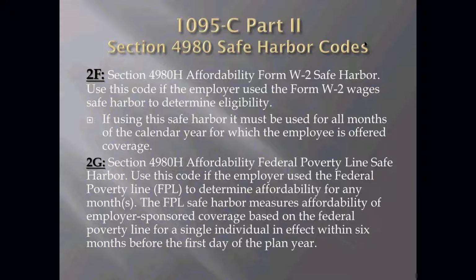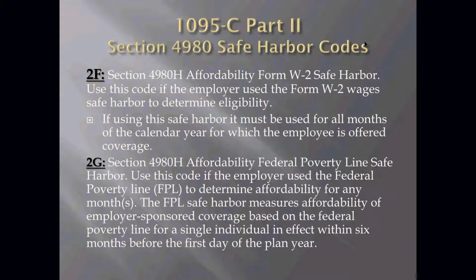The last few codes we're going to get into, 2F, Section 4980H Affordability Form, W-2 Safe Harbor. Use this code if the employer used the Form W-2 Wages Safe Harbor to determine eligibility. This safe harbor is based on the 9.5% of your employee's gross household income.